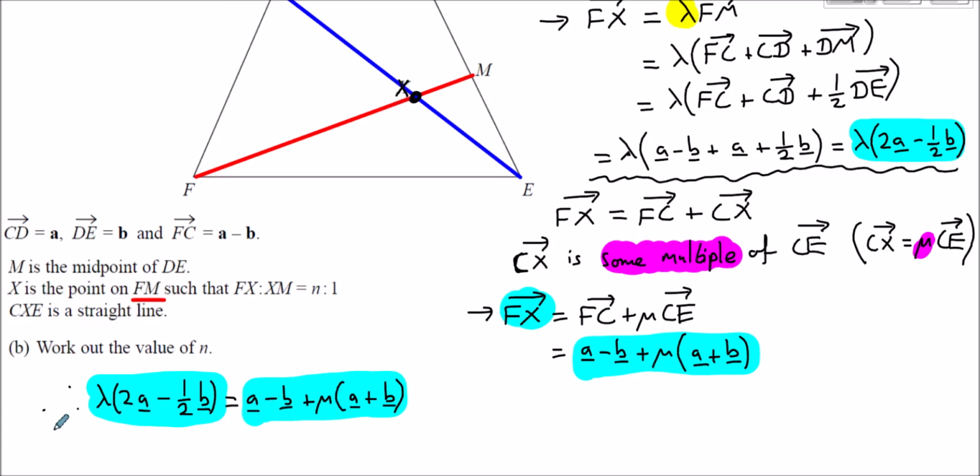So over here, I'm going to factorise out the A. If I were to expand out these brackets, I'd have A multiplied by 2 multiplied by lambda.